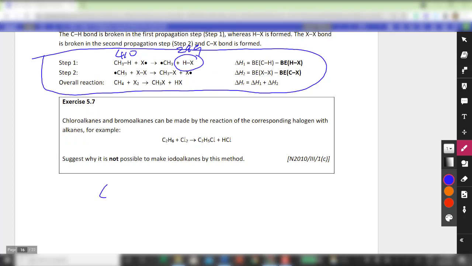If you are looking at delta H1 for the reaction between ethane and iodine, we are looking at 410 energy required to break the C-H bond and the energy released in the formation of the HI bond, and we get 111 kilojoules per mole. This is highly endothermic, so a lot of energy is required.